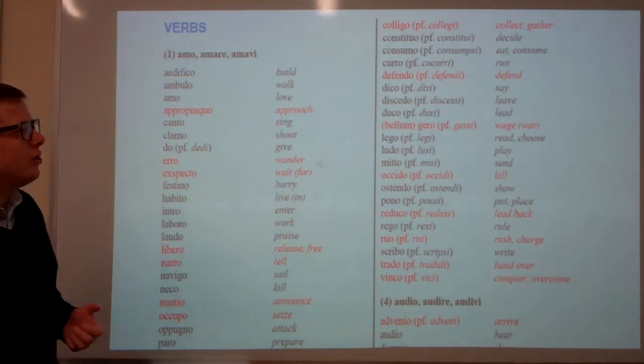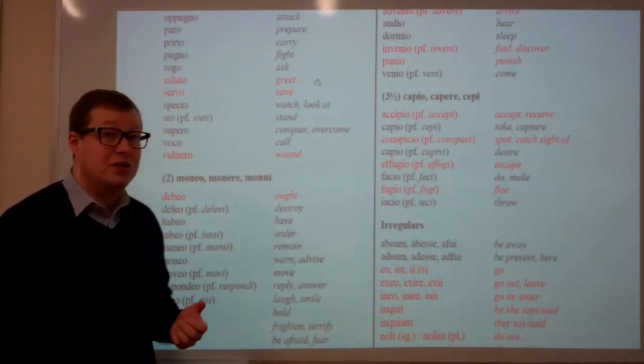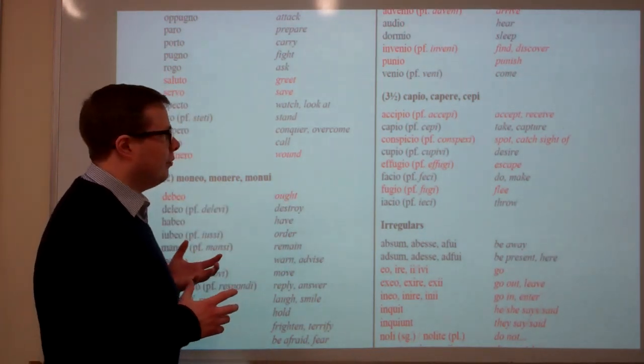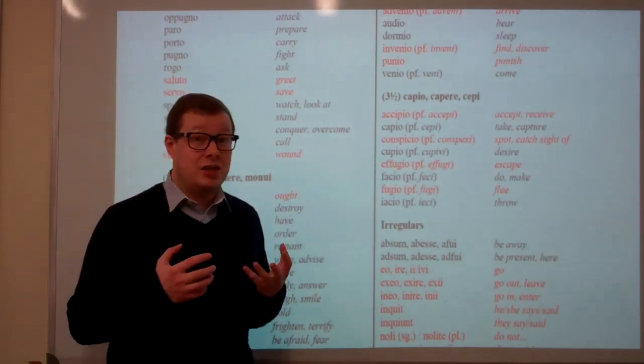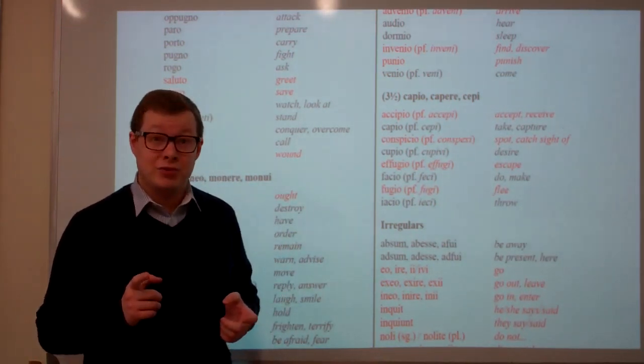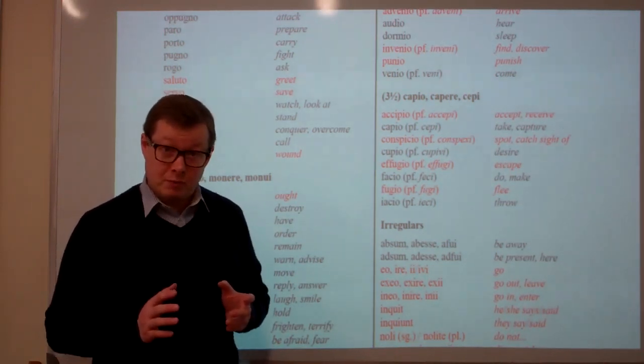Finally, we have the so-called 3.5 conjugation. Technically, this is known as the mixed conjugation. The 3.5 nickname comes around because in their indicative forms, now remember, the indicative mood is for factual statements, while the imperative mood is for giving orders.